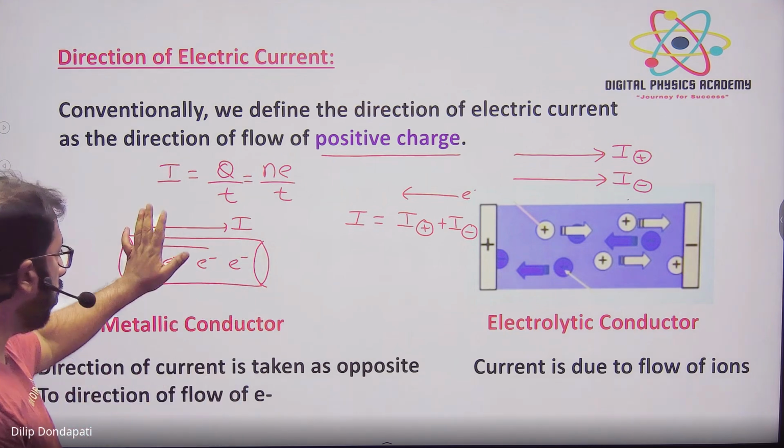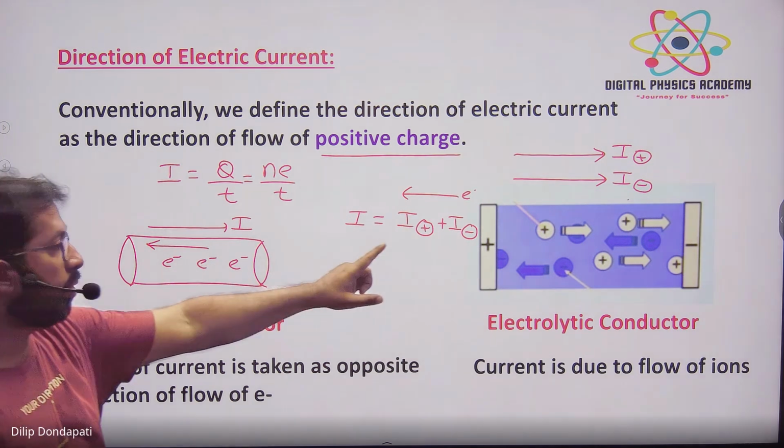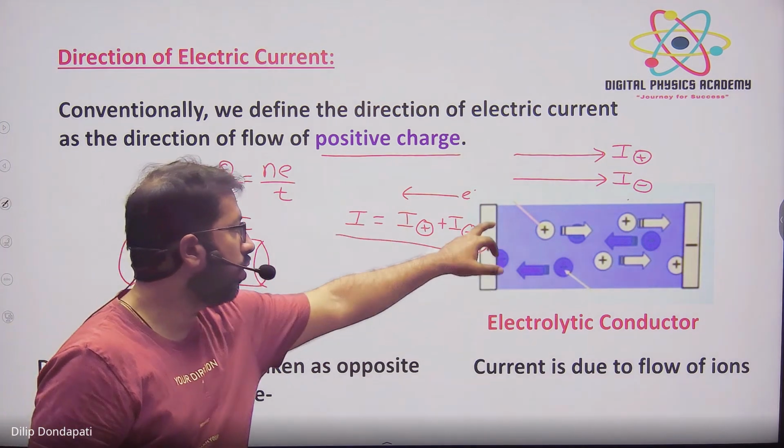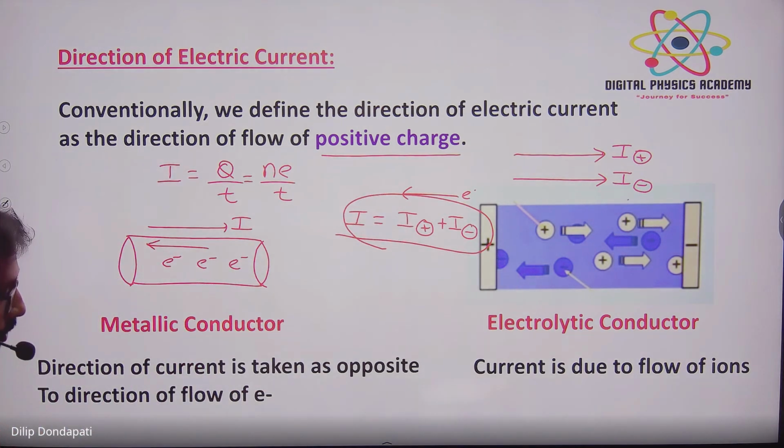That's why we take the current only due to electrons here. In this one, we should take both ions. That's why I is equal to the addition of both, I plus plus.